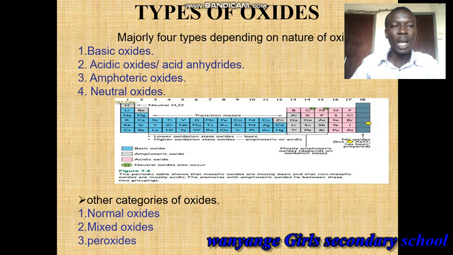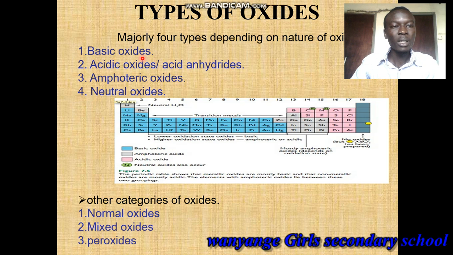Now, oxides can be divided into four major common types. What are they? We have basic oxides. These oxides are oxides of metals, meaning that they are made from metals and oxygen gas.